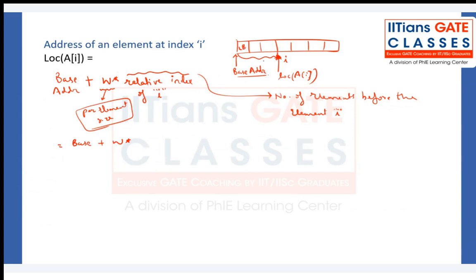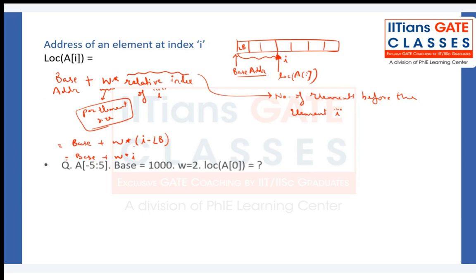We don't need the upper bound. So for getting the number of elements before the ith position, we can write I minus lower bound, right? And if lower bound is 0, it will come out to be base plus W into I.